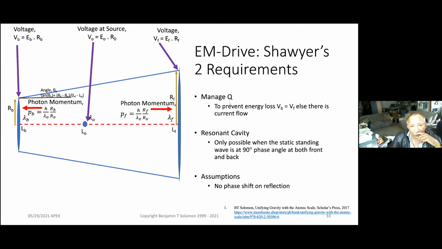Okay, so if we look at Scheuer, he had two requirements, which is to manage Q, to prevent energy loss, and the resonant cavity, which means you want a standing wave in here. But as we have seen in the earlier discussion, if there is a phase shift, you cannot get a resonant wave because it disrupts the whole reflection process.